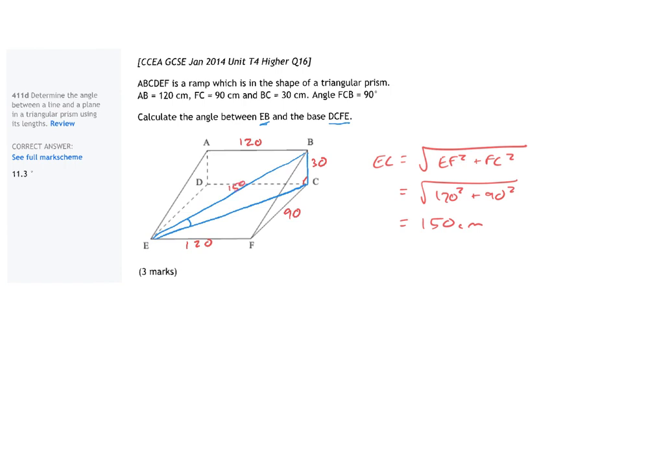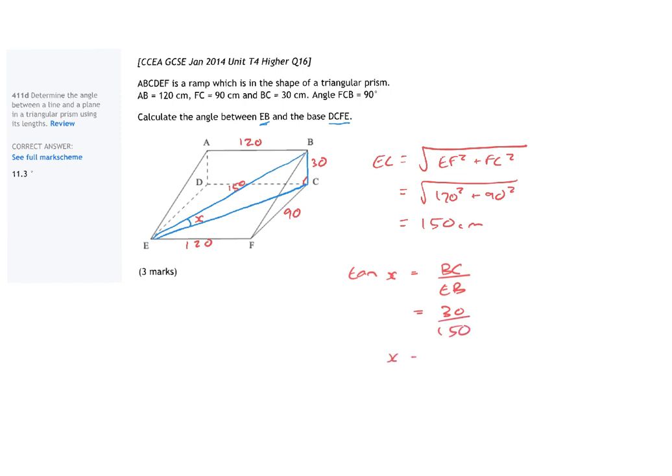Now I have two lengths. I'm looking at my right angle triangle here, this angle. So I've got the opposite and the hypotenuse. So opposite and the hypotenuse is sin. So the sin of my angle, so I'm going to call my angle x. Sin of x is equal to the opposite, which is BC, over the hypotenuse, which is EB, which is 30 over 150.